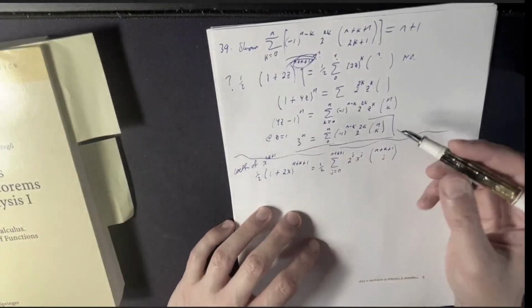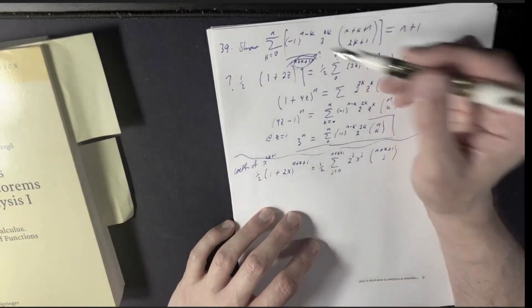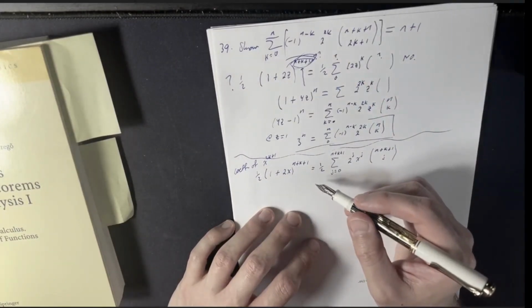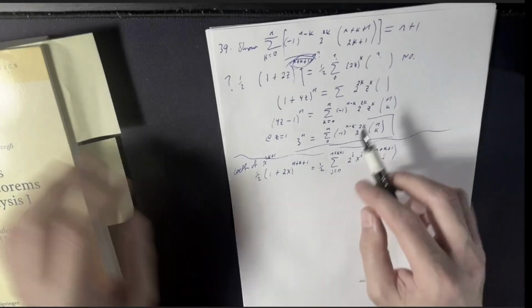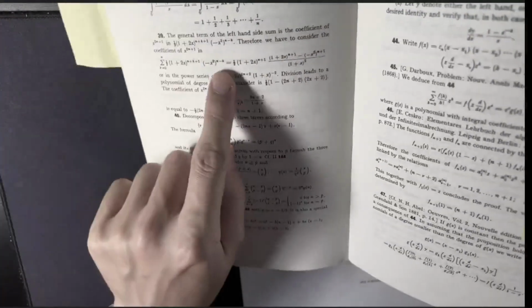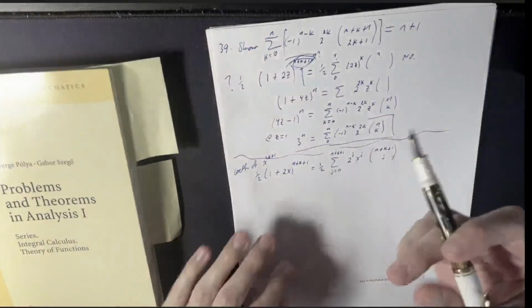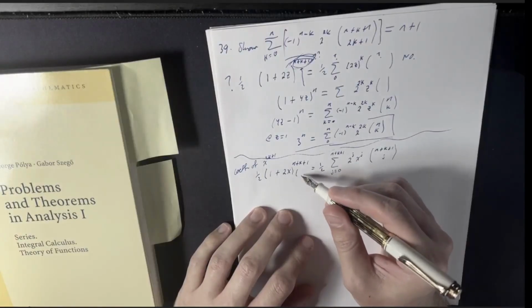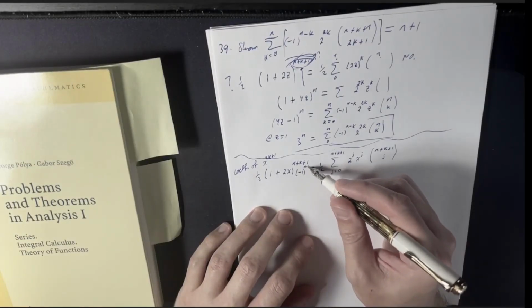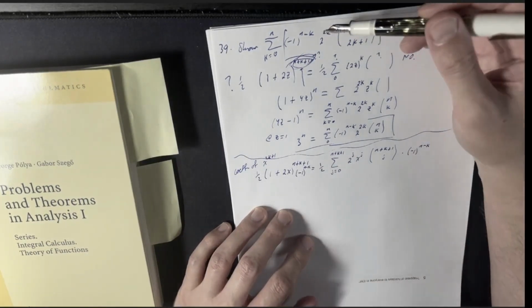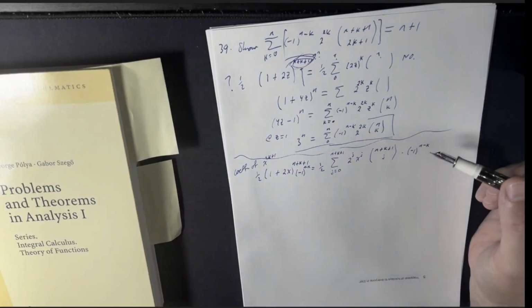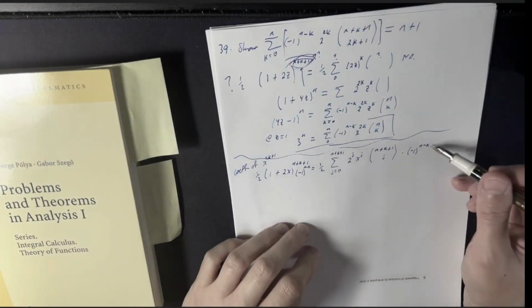So he's literally just tacking on an extra. Wait, is it to the power of n minus k? Yep, it is. All right, fine. So he's just tacking it on. Like, hey, I don't understand why there's an x there, but we'll get back to that. So he's just throwing that in there, which is fine because these are not changing.